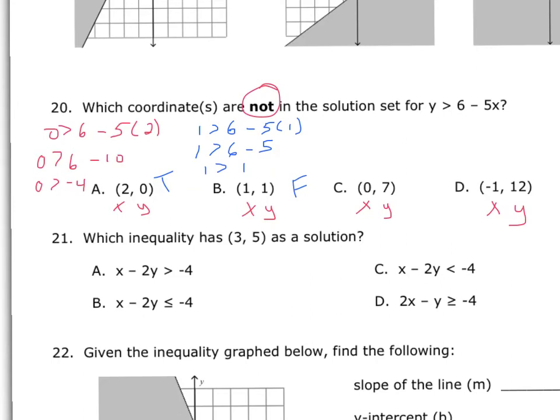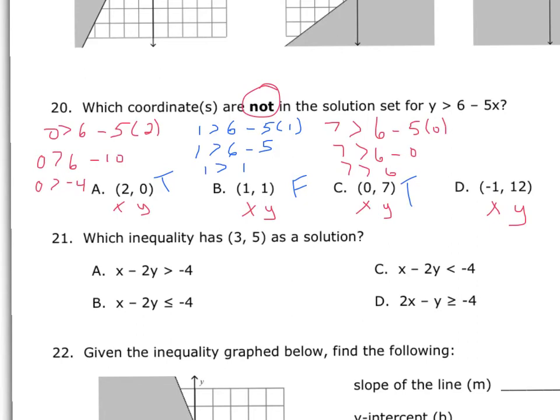And we will do the next one, 0, 7. So y is 7. And we're saying that that is greater than 6 minus 5 times 0. So 6 minus 0, which is still 6. So 7 greater than 6. And the answer to that is yes. So that one is true. And we'll check the last one.